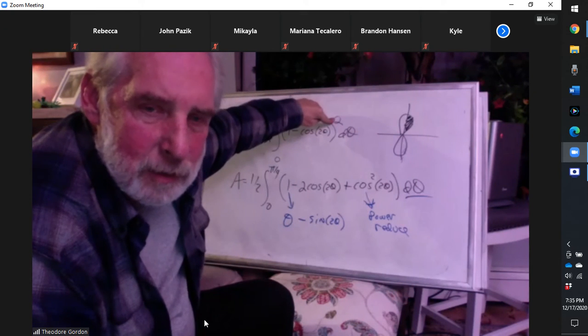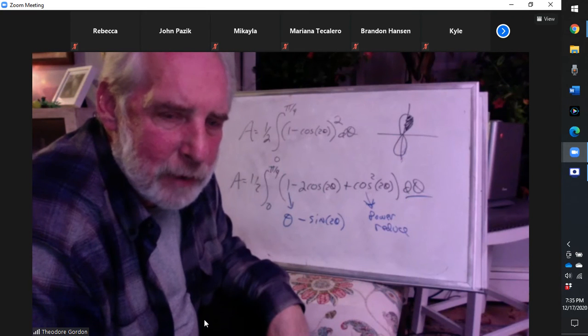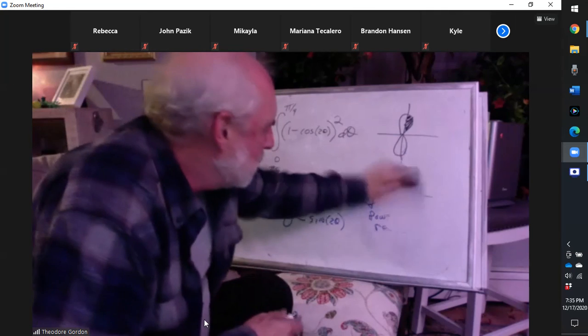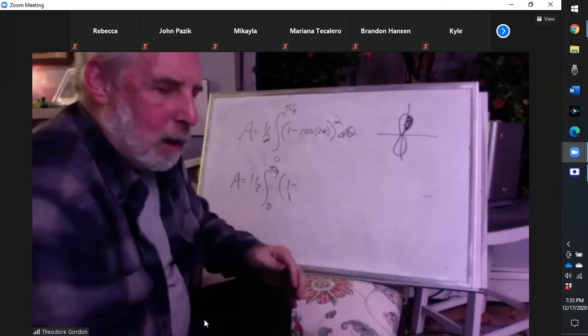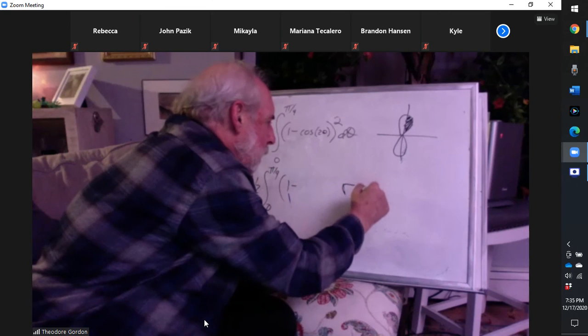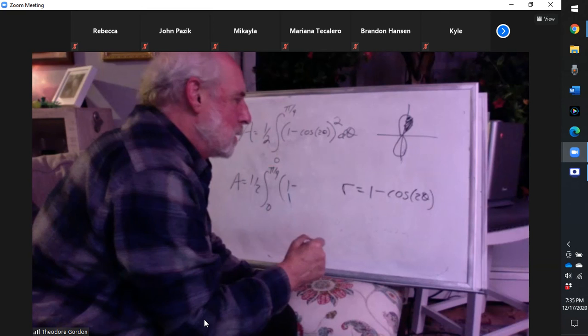Yeah, you're right. So we wouldn't get back the original function because the formula for, oh, I see what you're saying. So R is 1 minus cosine of 2 theta, right?